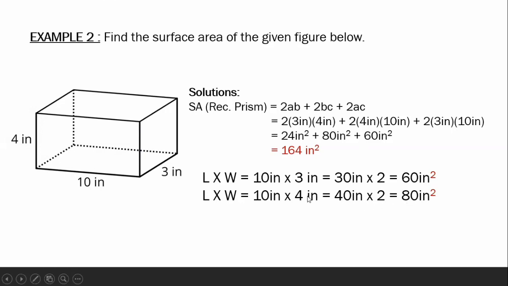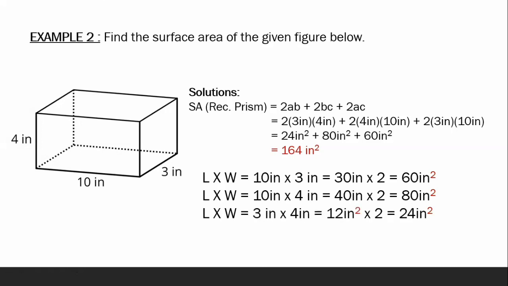And last are the two sides that remain. We have 3 inches by 4, and that is equal to 12 inches squared. Since there are two side faces, multiply it by 2. So I have here 24 inches.